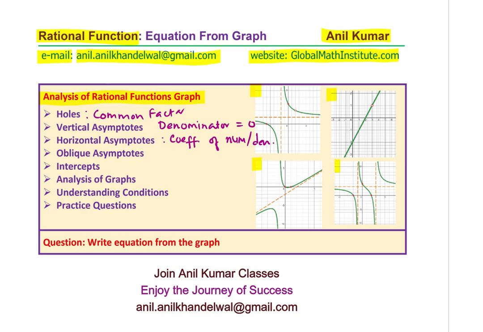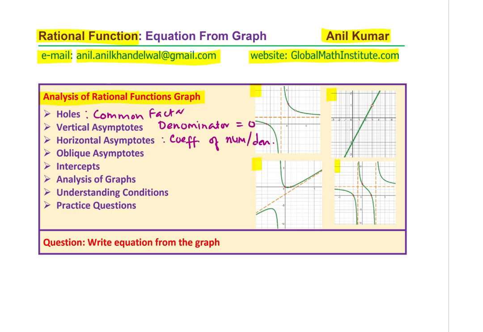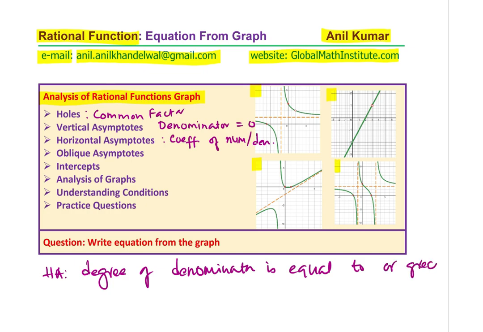And for the horizontal asymptote, the condition is that the degree of the denominator is equal to or greater than the degree of the numerator.